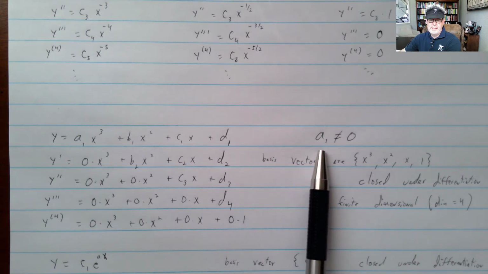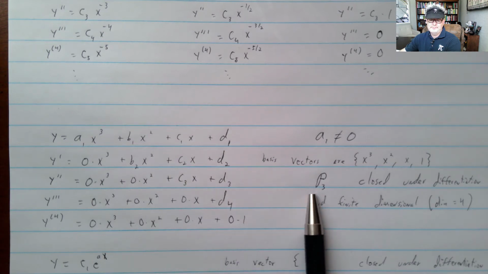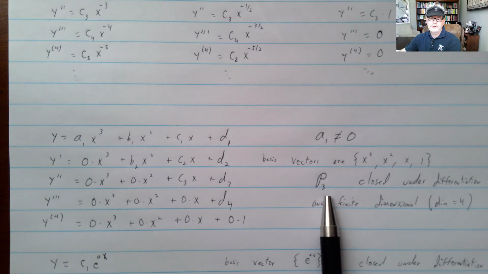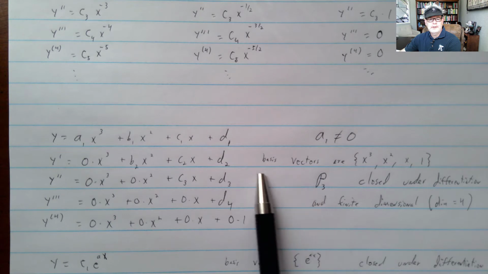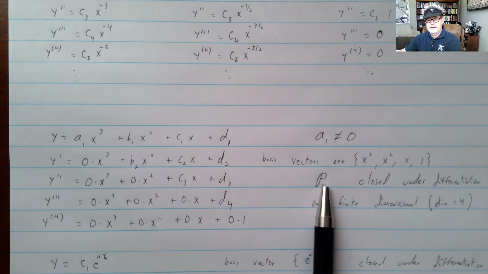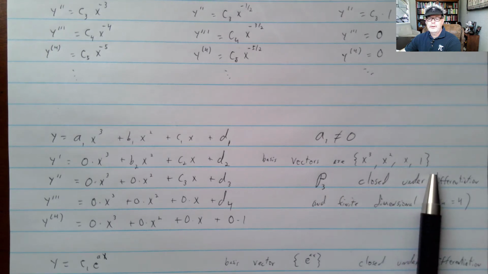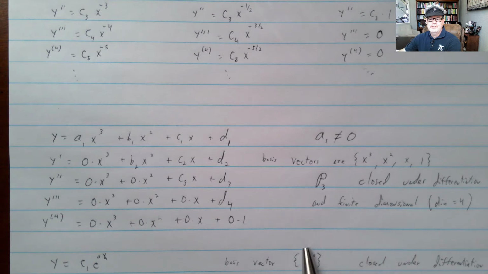I put a1 not 0 here just to start, but after that, when I talk about P3, that's the space of all polynomials of degree less than or equal to 3. So this function and all of its derivatives are in that space, and I can use 4 vectors to reach any function in that space. So it's finite dimensional.